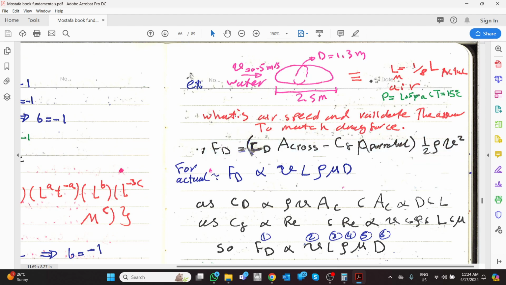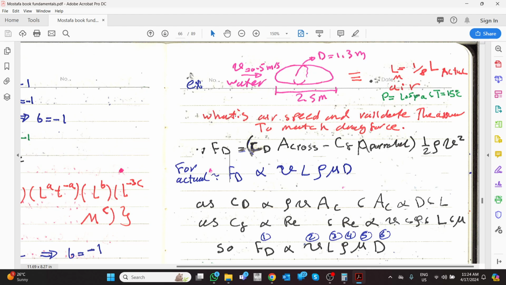But to apply the dynamic similarity, I need to know all the parameters. We know there will be v and rho, absolutely. And because there are cross section areas, we have L, length, and diameter, for sure, because we have the cross section area and the surface area.